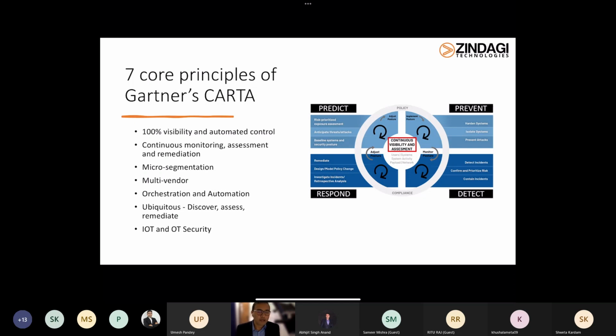Kushal, I don't know if I was able to answer this question in the previous slides or not, but I believe that multi-factor authentication is one component of this entire infrastructure. Layer 7 security is another facet.